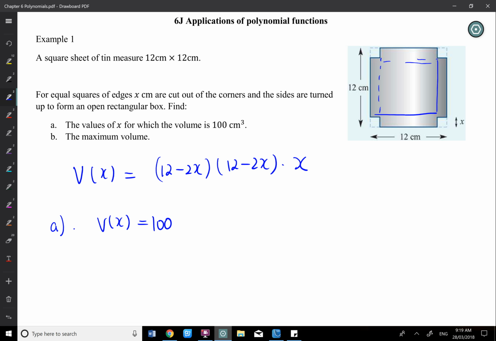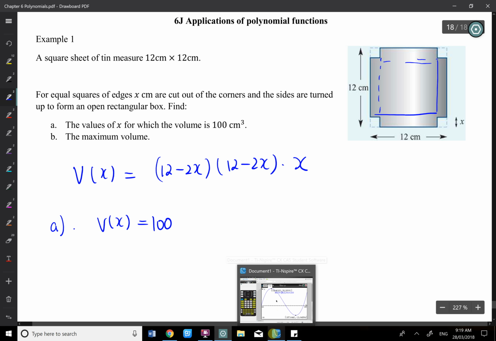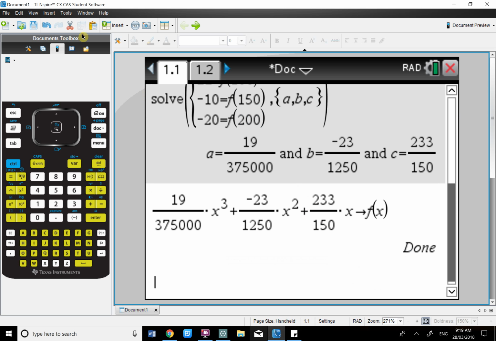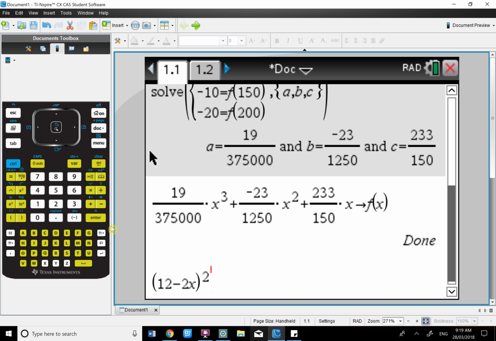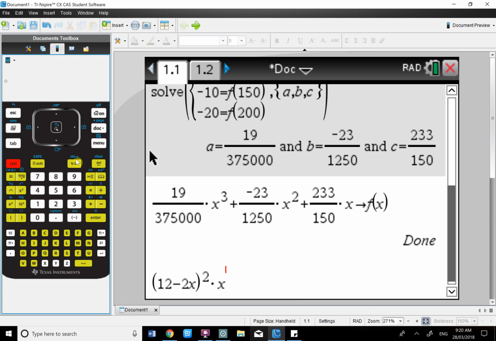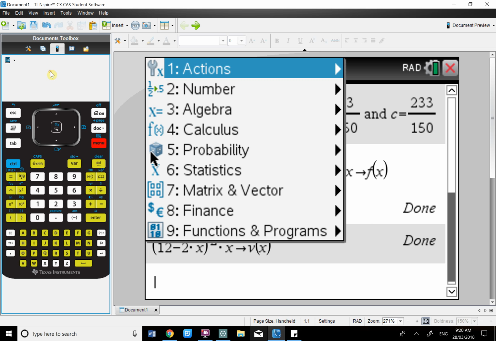I'll show you everything on the calculator now. I save it, Control VAR as Vx again, and menu 3 to solve.